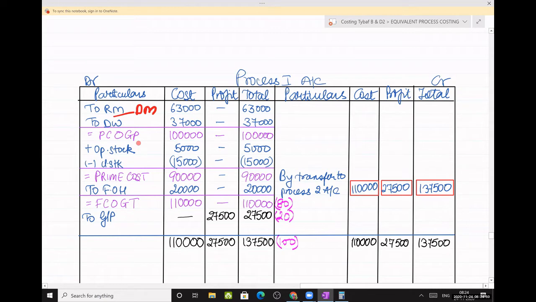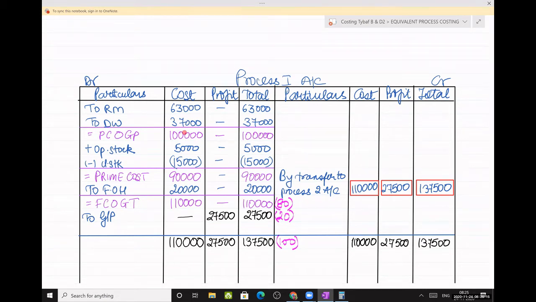To be more specific, as per cost sheet, as per process costing. So raw material, there is no element of profit in raw material. 63,000. Direct wages 37,000. Obviously, there is no element of profit. Element of profit is only in opening stock, and that too is not in the first process.